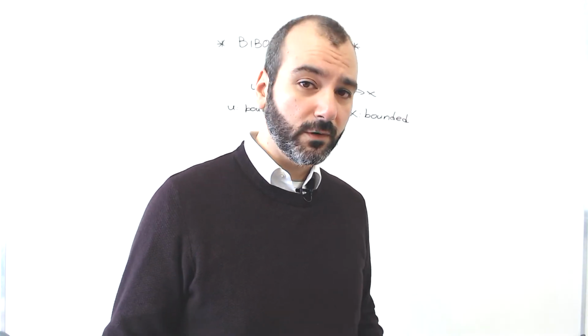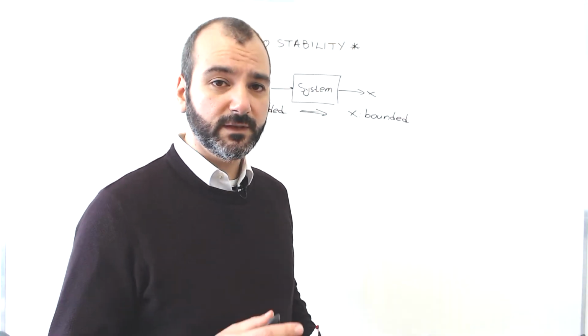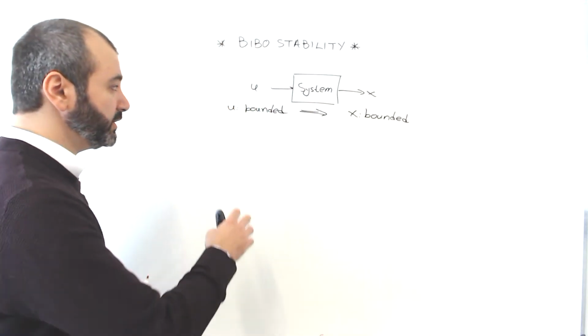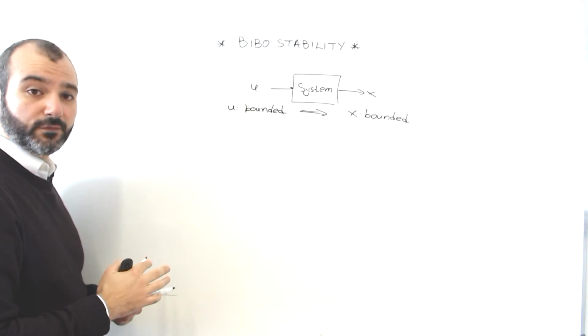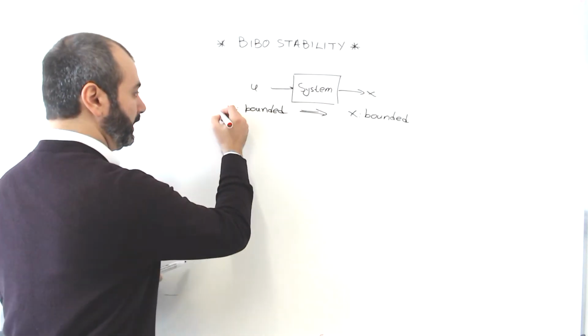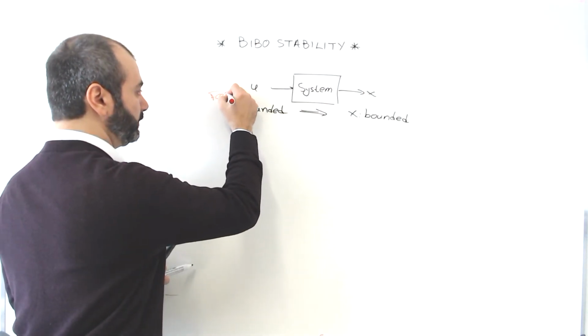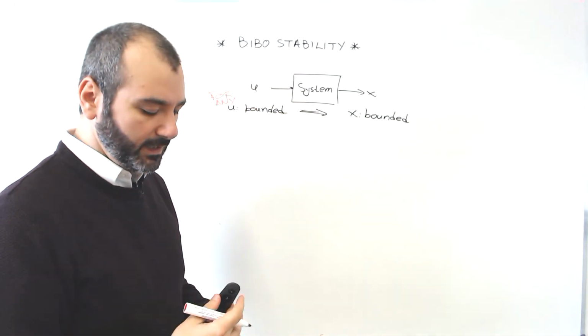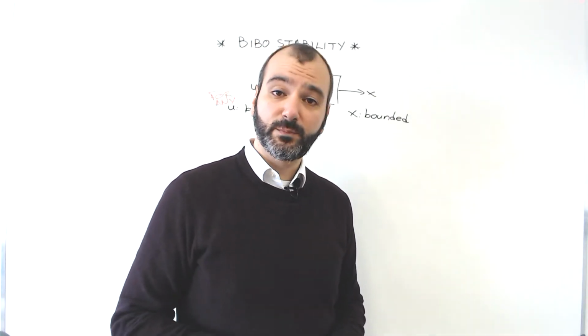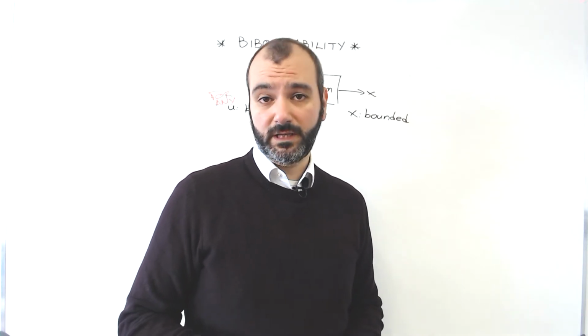But this is wrong, because if we look at the definition again, the definition says that x is bounded for any possible bounded input, for any u. What we showed here is that the output is bounded for this particular bounded input.